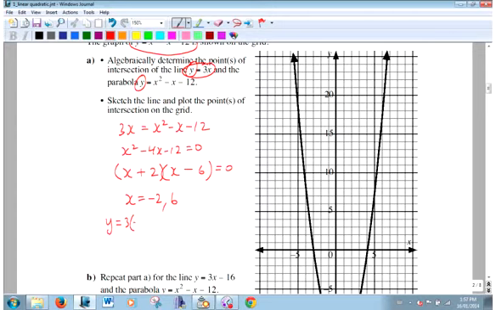Y is 3 times x. Okay, so I have minus 2, minus 6, and also y is 3 times 6, which is 18. I have 6 and 18.